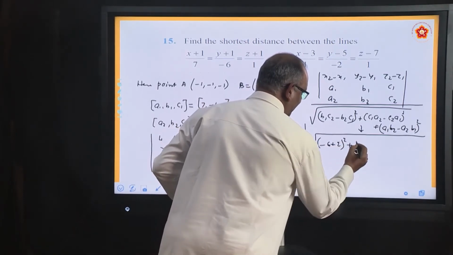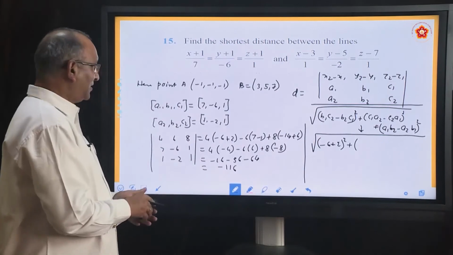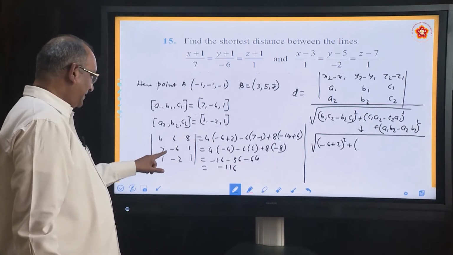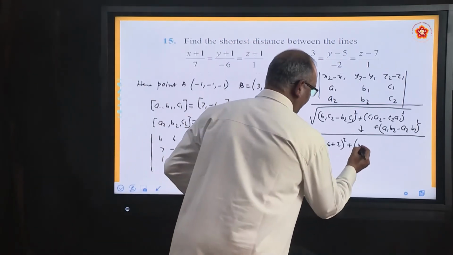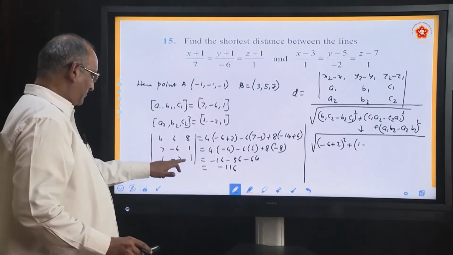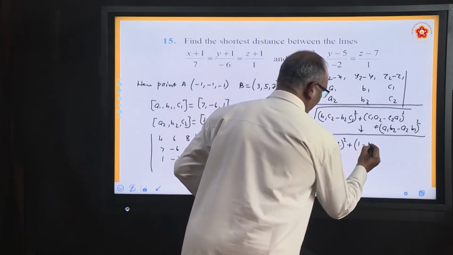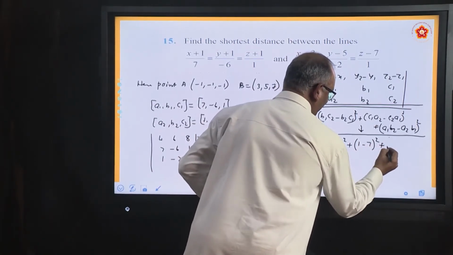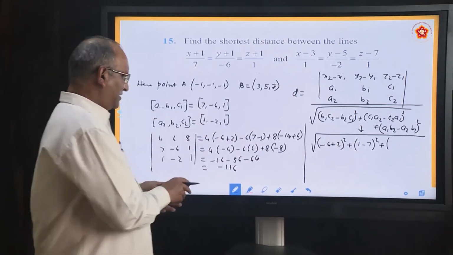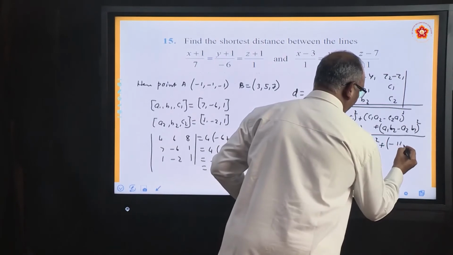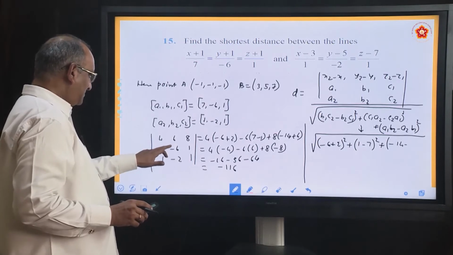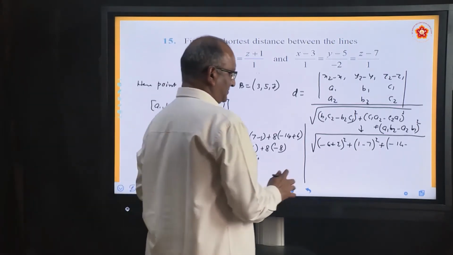Plus C1 A2. Where is C1? C1 is here, A2 is here. So 1 into 1, 1, minus C2 A1, this is C2, this is A1, 1 into 7, 7, plus A1 B2. A1 is this, so 7 into minus 2, minus 14, A2 B1, so minus 6.